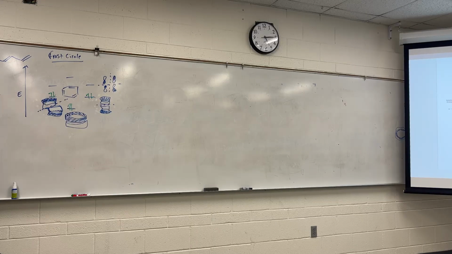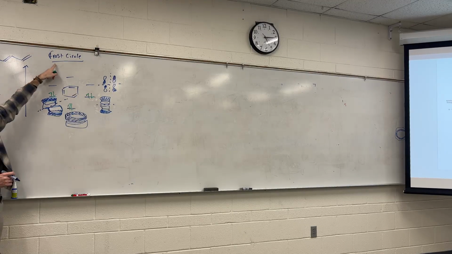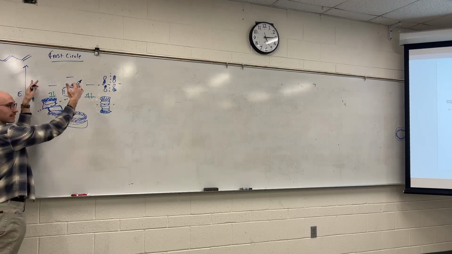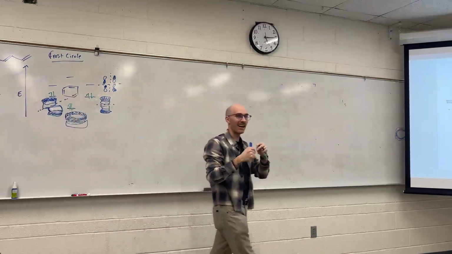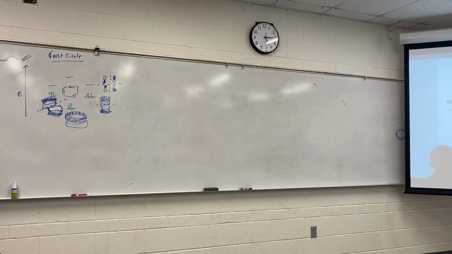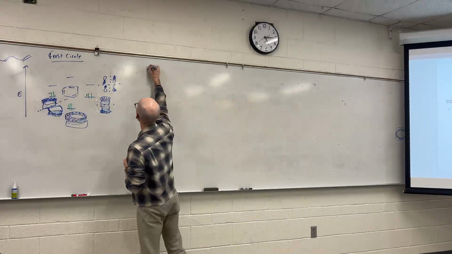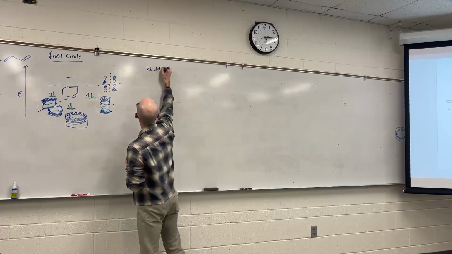So our typical MO diagram takes this linear combination and creates a linear orientation of energies. But the Frost circle takes this cyclic structure and points out that they have a different distribution of energies for those 6 molecular orbitals. This gets me to Huckel's rules, which is where I said we were going to leave off last class.